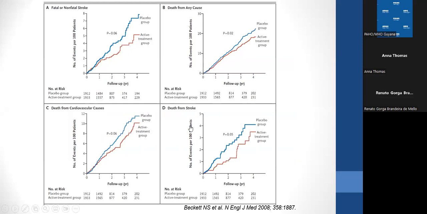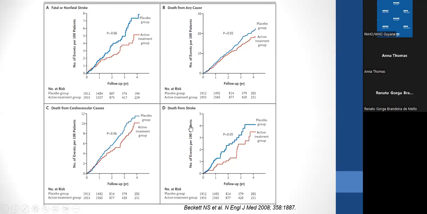Yet, when considering treating older adults aged 80 years or more, the fear of causing harm was still there.